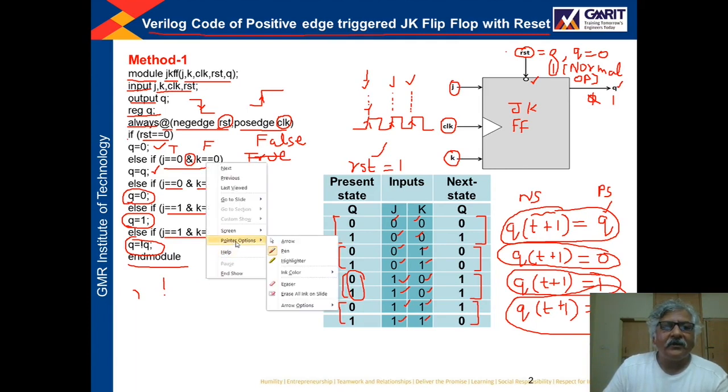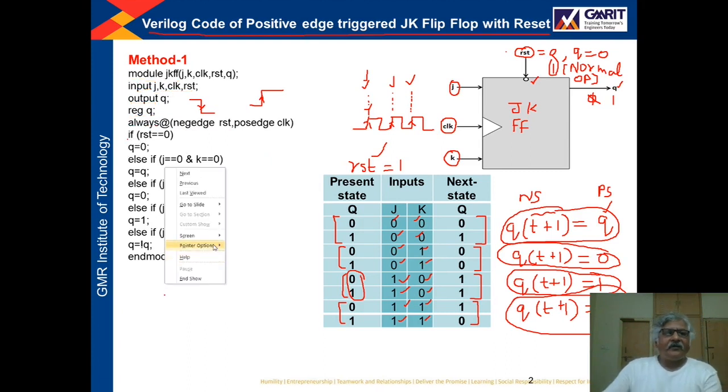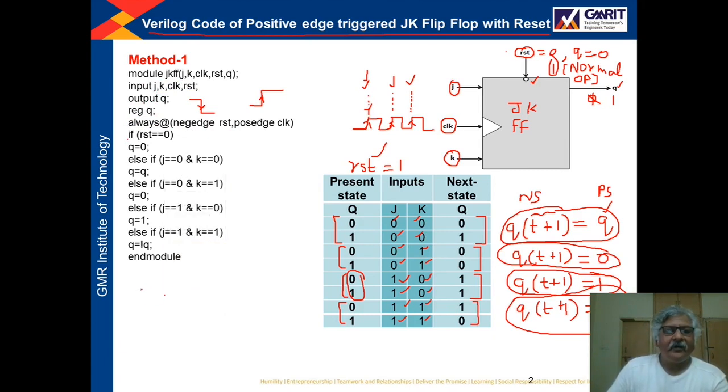So this is the Verilog module of JK flip-flop. Okay. So in this, what will happen? I will just repeat some points which I covered in the last lecture.